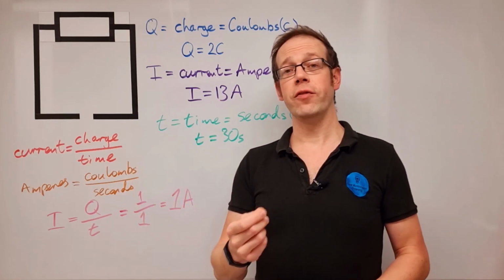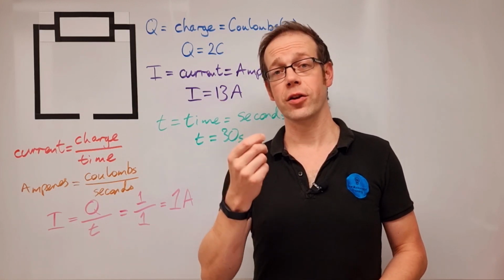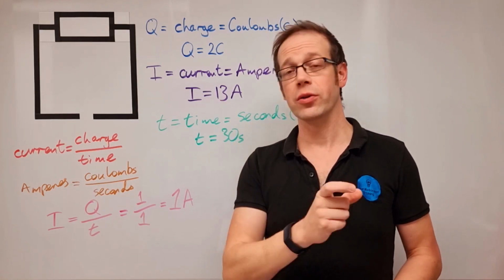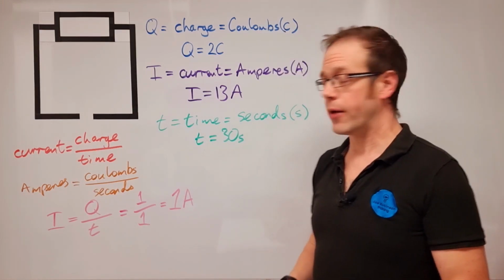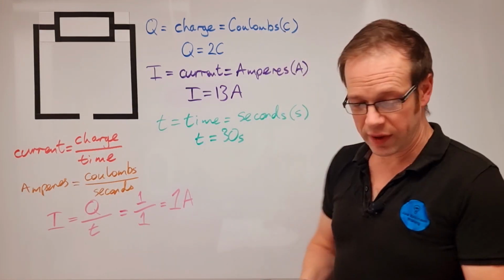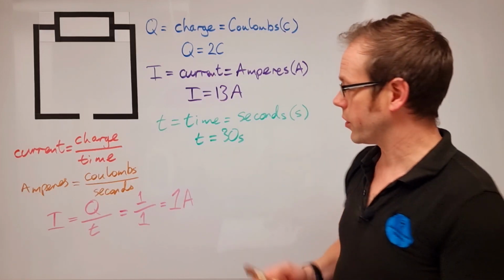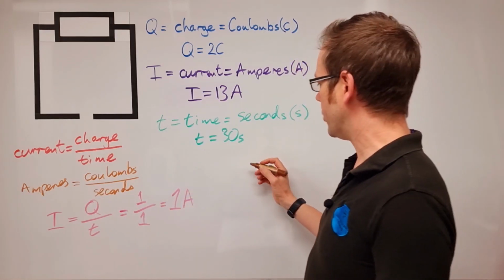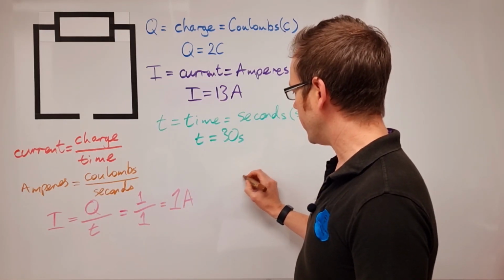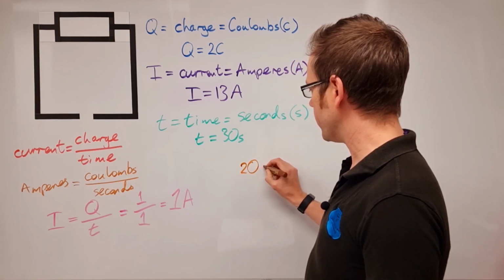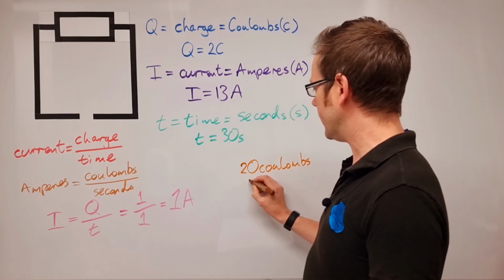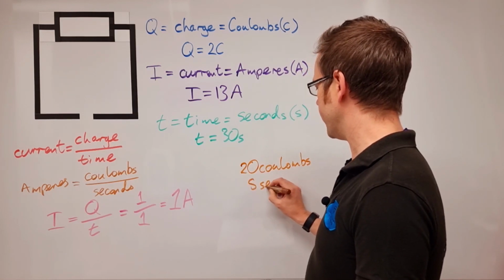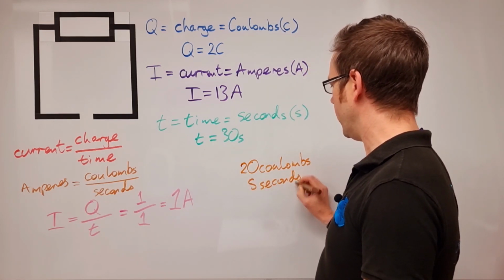We refer to that flow rate of electricity as the current, and we give it the special unit name of amperes. Now we can use this for other calculations. Let's say we've got 20 coulombs flowing through a circuit every 5 seconds.